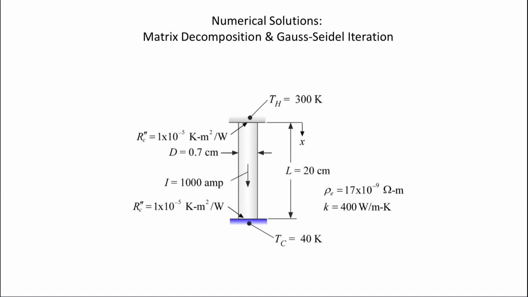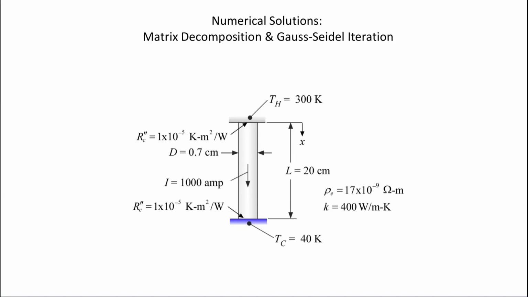Today we're going to talk about two other options. One in particular is really good with MATLAB. That's matrix decomposition. MATLAB's really good at matrices and inverting them, so matrix decomposition takes advantage of that. The second one is one that you can do anywhere. If you have any programming language, like Python, you could do it.